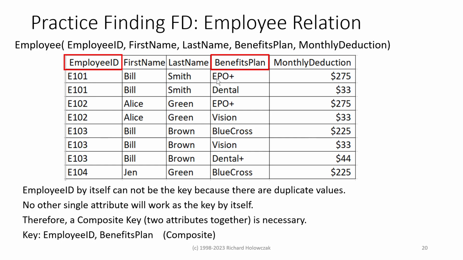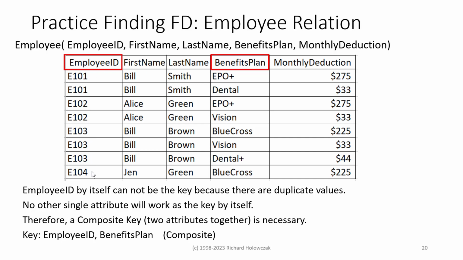E101 plus the benefits plan EPO, now we know exactly one row that belongs to. E103 and the vision plan, we know that only gives us this exact row. So how did I determine this? I stared at the data. I tried to look for combinations.